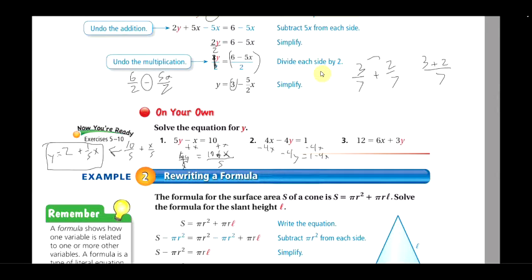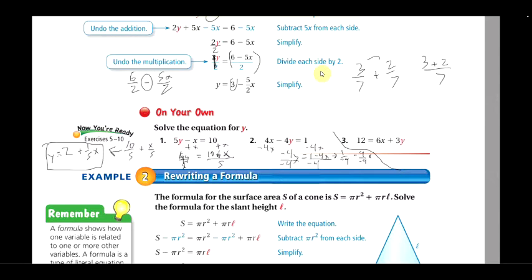All we got to do is divide both sides by negative 4. Divide the whole thing by negative 4, and then we have to split it up, just like we did before. I'm going to make this line here. So we get 1 over negative 4 minus 4 over negative 4x.